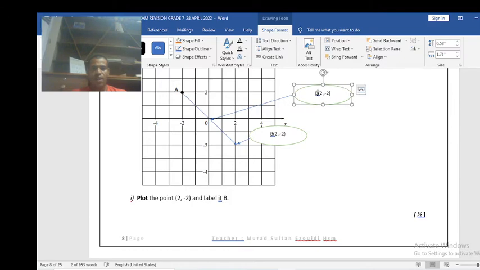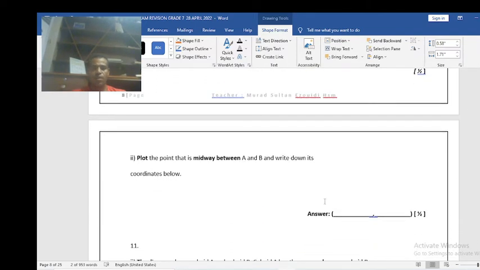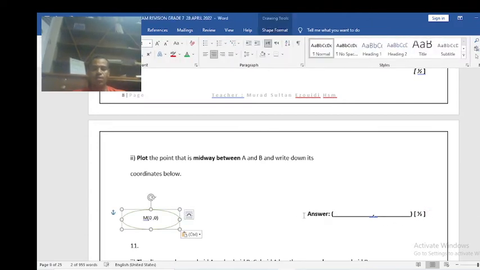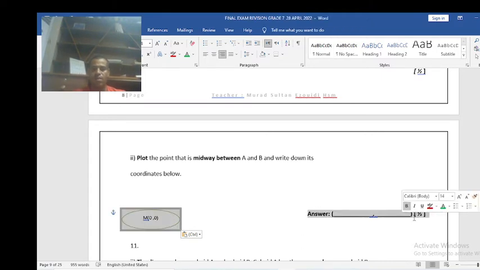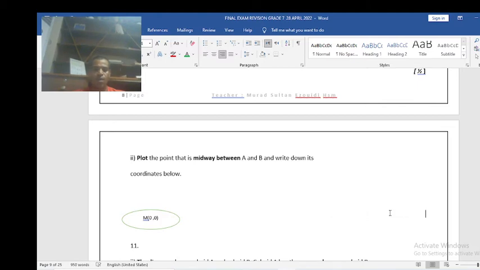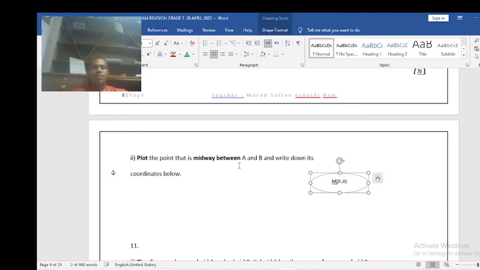M has coordinates (0, 0). I will write the coordinates of this point. So this is the midpoint of the line segment AB.